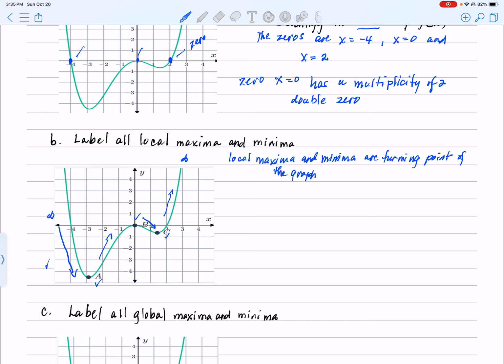Okay? So at point A, let's look at point A. Right here. So where is point A located? Not exactly at -3, but almost at -3, somewhere here. Closer to -3. All right.